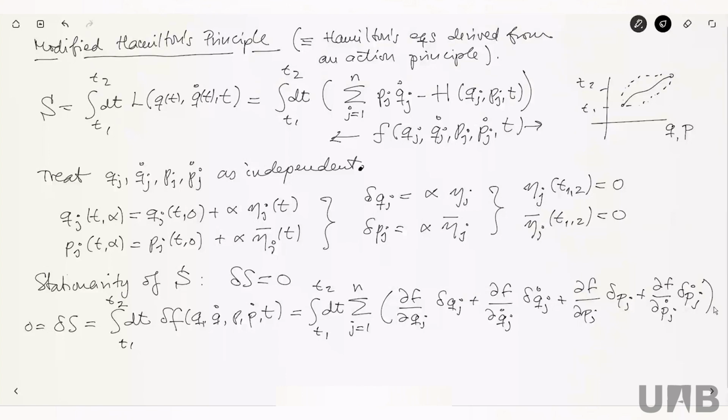All right, so that's the thing. Now we're going to manipulate. We have to identify all these variations and use integration by parts. So the strategy is the same as what we did when we were dealing with the standard action principle. We remember that the derivative of f with respect to q dot j delta q dot j involves the variation of the derivative of q with respect to t.